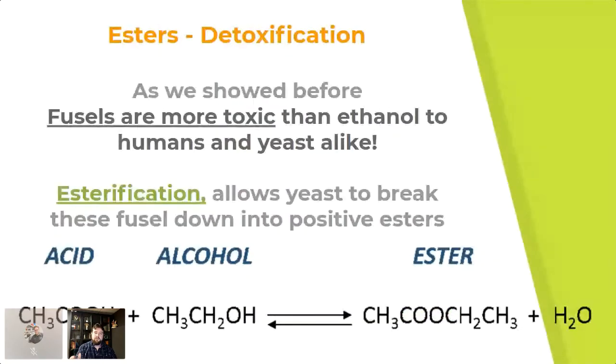As we showed before, fusels are much more toxic than ethanol for humans and yeast cells alike. The process of esterification allows us to break these fusels down into more positive, less toxic compounds, and that's the big thing here. Esterification is just an acid binding to an alcohol, those two fuse, turning into an ester.